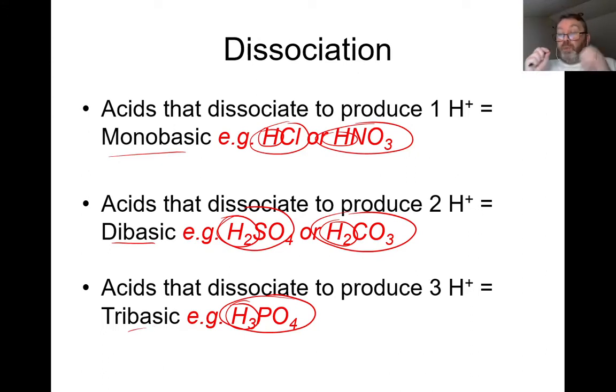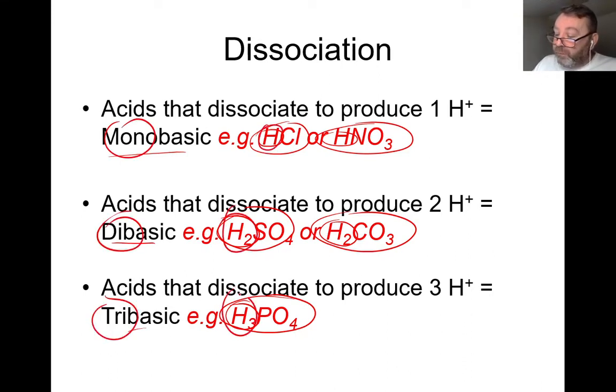Now, the words monobasic, dibasic and tribasic simply refer to the number of replaceable hydrogens in an acid. So HCl, 1 H, monobasic. H2SO4, 2 H pluses, dibasic. H3PO4, 3 H pluses, tribasic. So the name mono, di and tri is simply linked to the number of replaceable hydrogens present in that acid.